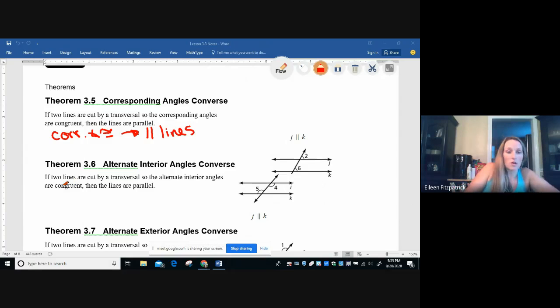All right, so the alternate interior angle converse similarly says that if we know that our alternate interior angles are congruent, then we're going to be able to conclude that implies that the lines are parallel lines. Okay, and move down.